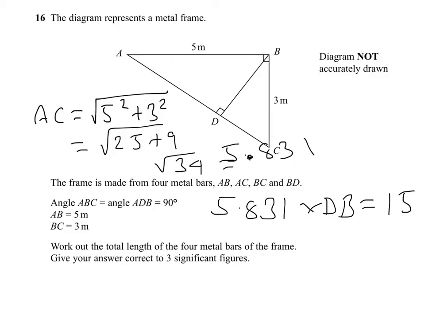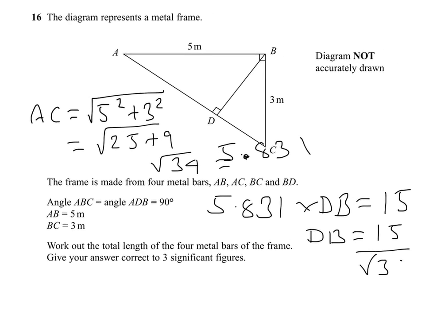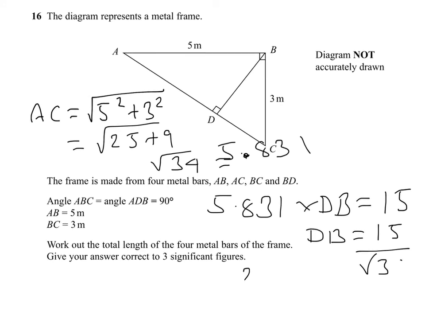So BD then will equal 15 divided by 5.831, or in fact it's better to use root 34, which comes to 2.572. So we've got 2.572 here.